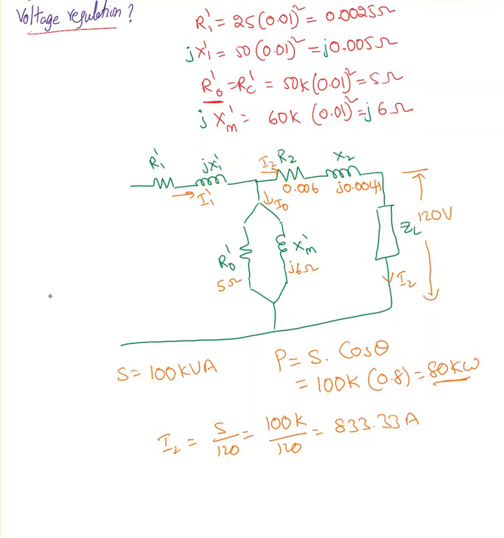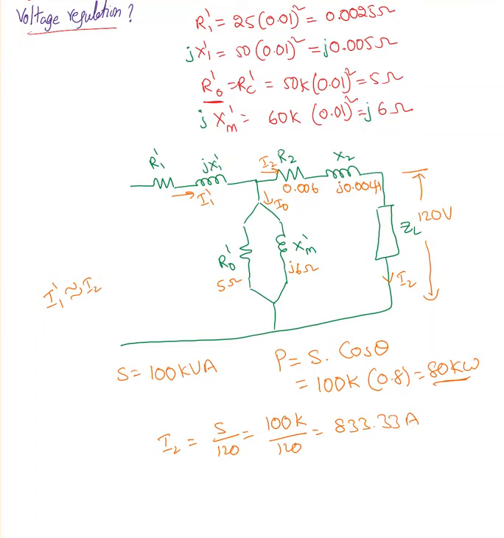Okay, when we compare I0 and I2, I1 prime is approximately equal to I2. That I0 is very small, that's what I meant to say. And you can clearly see the impedance is very small, so the current passing through this must be small.